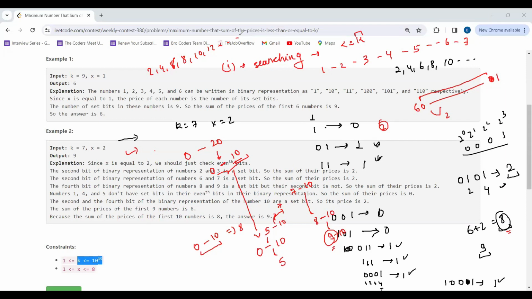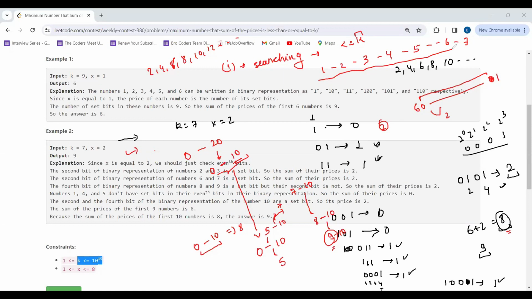Again, we'll break down all the numbers and try to do binary search. We were doing linear search in the beginning, checking up to 1, up to 2, up to 3, 4, 5, 6. So we were doing linear search. But this range is a sorted range.